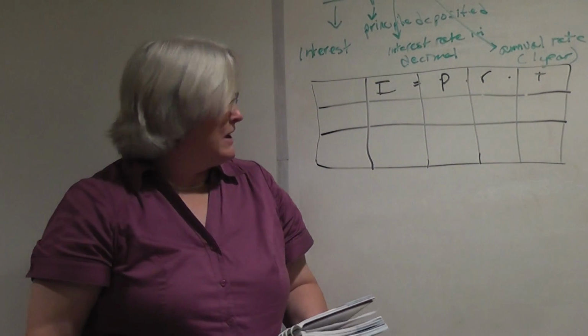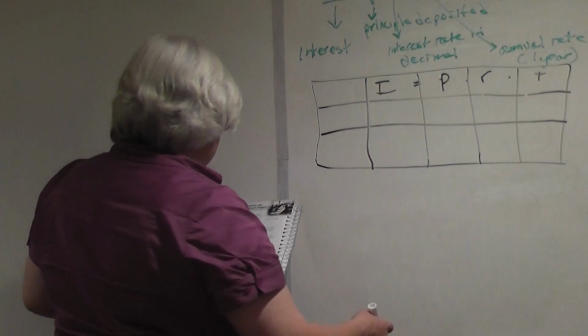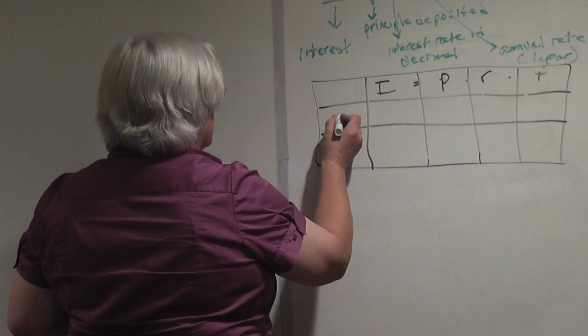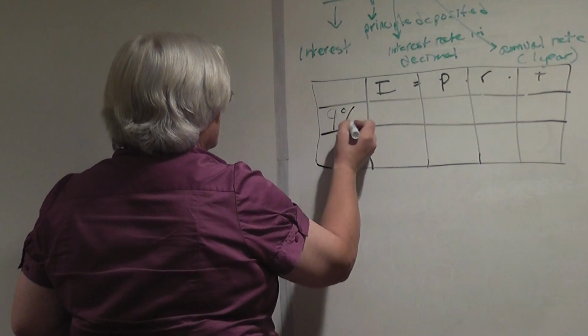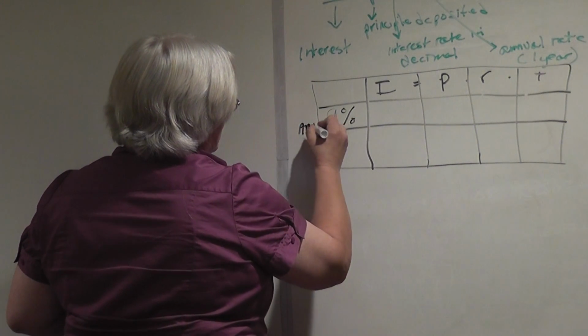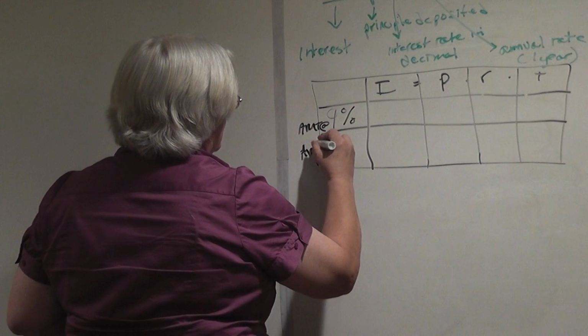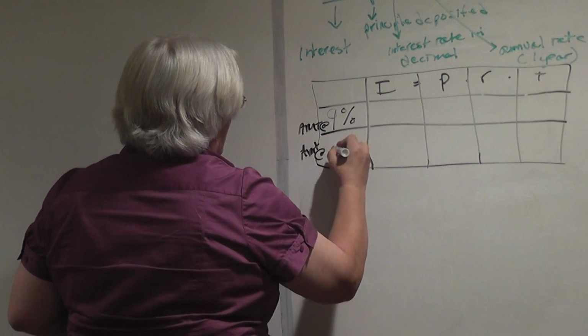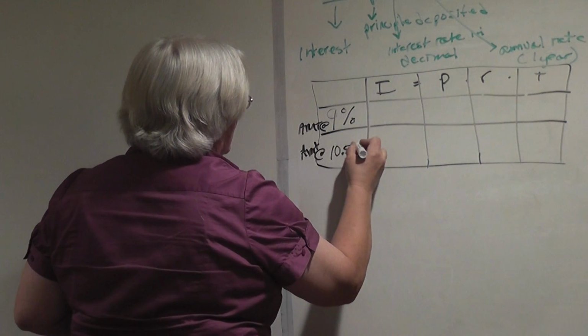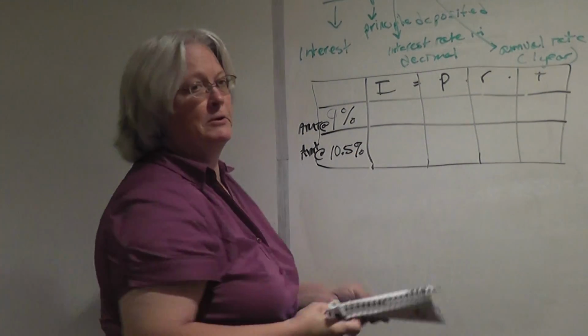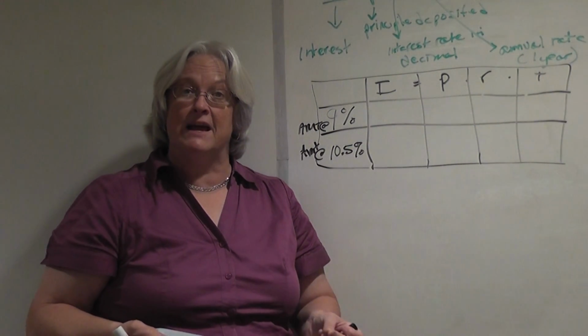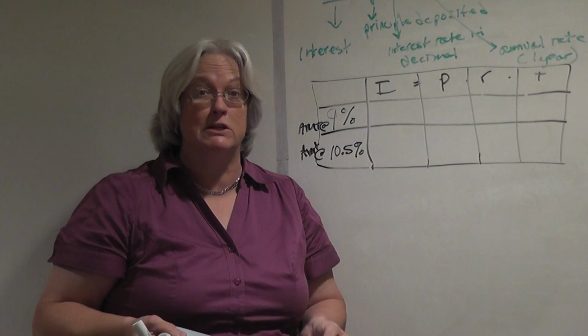So we're going to have a certain amount that was invested at 9%. So this is the amount at 9%, and then we're going to have the amount at 10.5%. Now, how long does it say that he's invested this money?